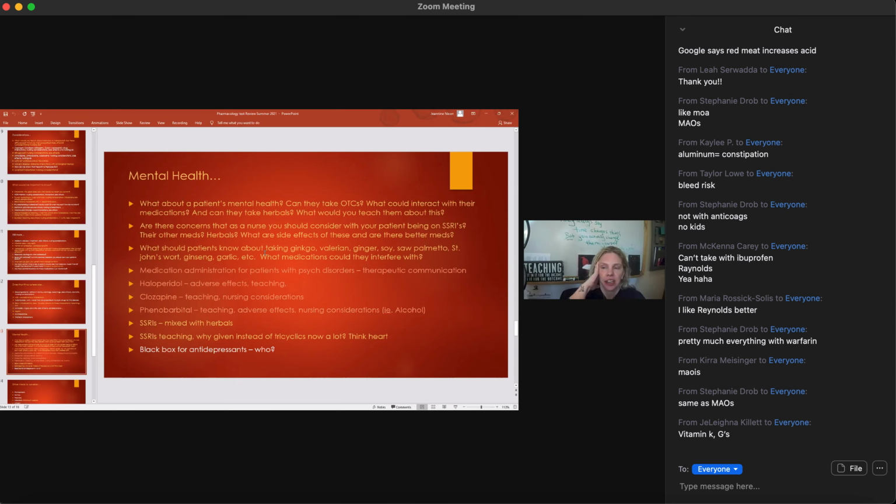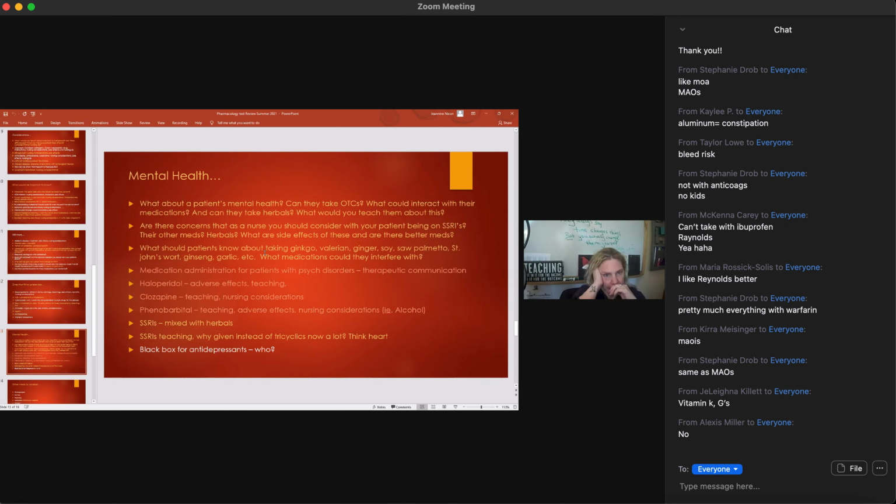So this is where I was talking about over-the-counters, patients' mental health. What could interact with their medications? Can they take herbals? Should they take herbals? What can you teach them about them, right? Are there concerns that you should consider if your patient's on an SSRI with other medications like herbals? What are the side effects?